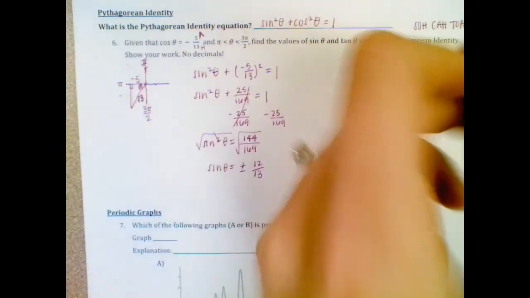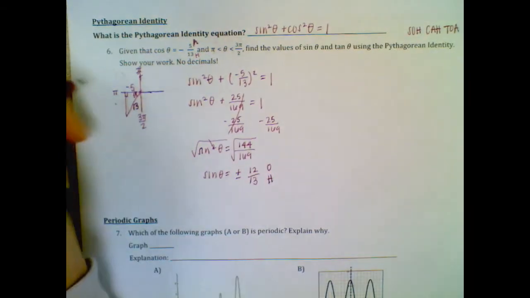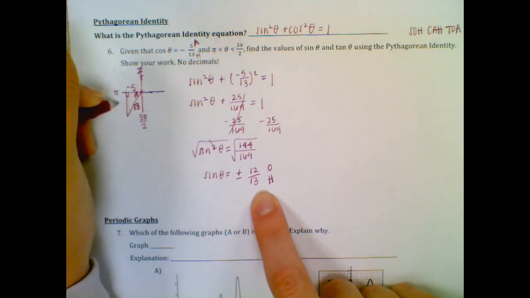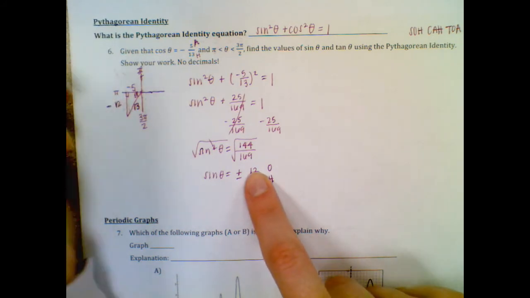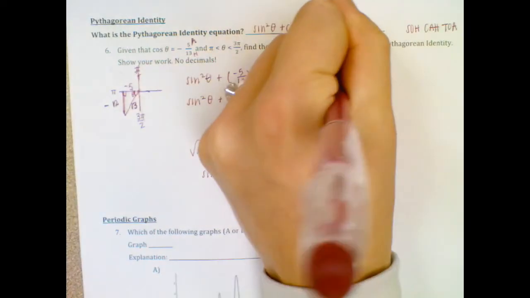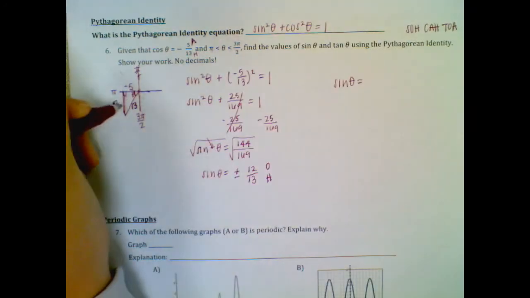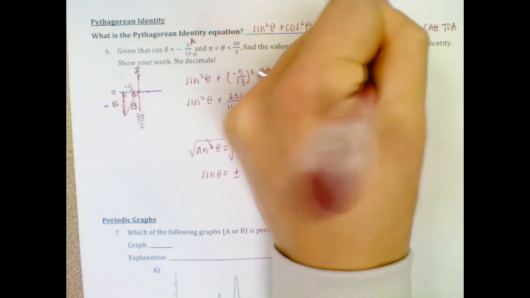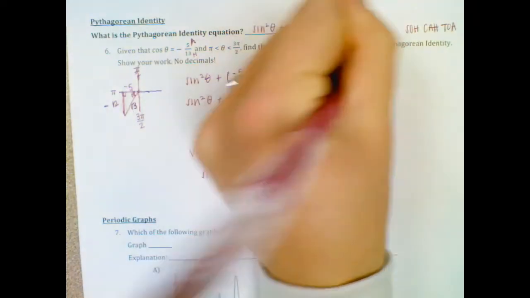Well, we know that sine is opposite over hypotenuse, which that makes sense. The 13 is the hypotenuse, so the opposite side is 12, right? And it's actually going to be negative because this is a negative y value. Okay, so that's how you determine if it should be positive or negative. So sine of theta is opposite, negative 12, over hypotenuse, 13.